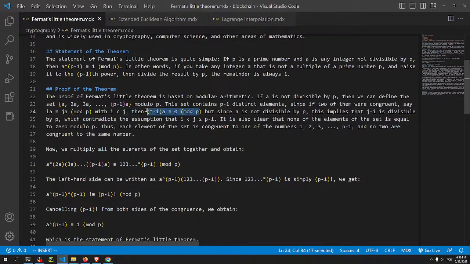I don't understand why. But since a is not divisible by p, because it's implied here in the beginning that it isn't, it means that j minus i has to be divisible by p, which contradicts the assumption.